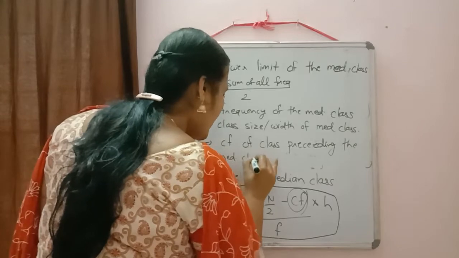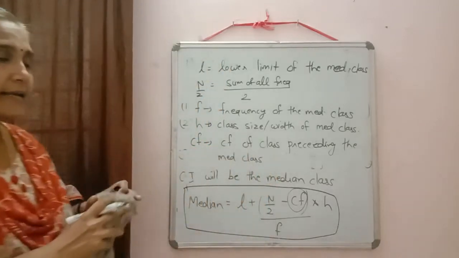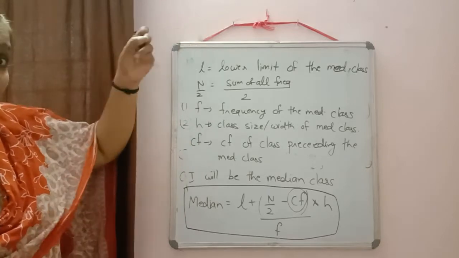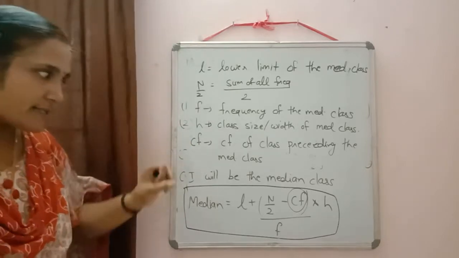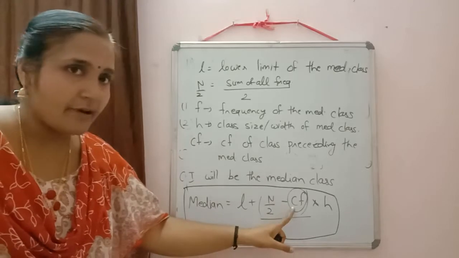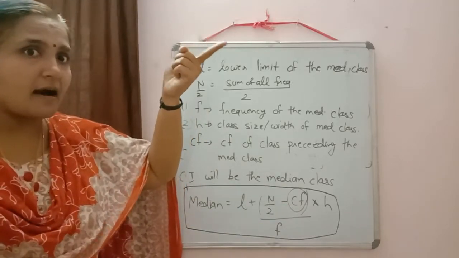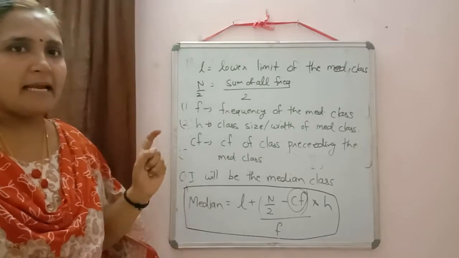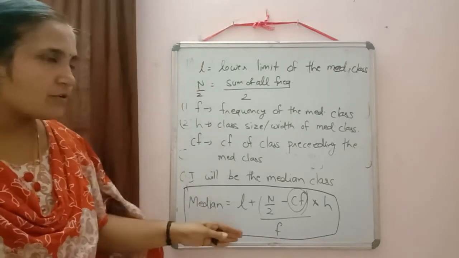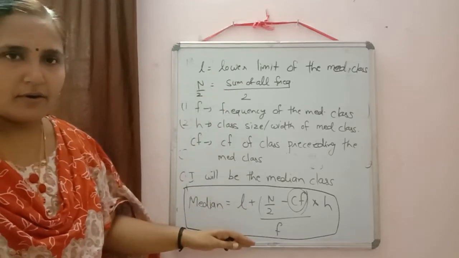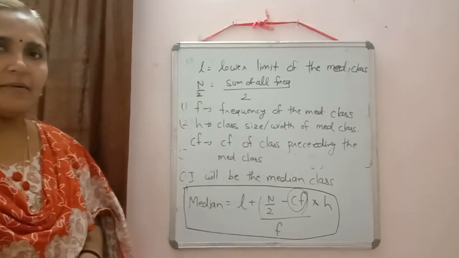So in cumulative frequency we have to write the cumulative frequency of the previous class, not the median class. Once again, cumulative frequency means cumulative frequency of the previous class, not of the median class. When we do the question, it will be clear to you. This concept clear? Okay, so we'll move to the questions now.